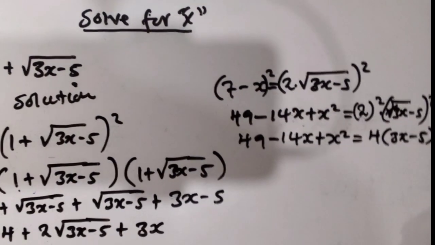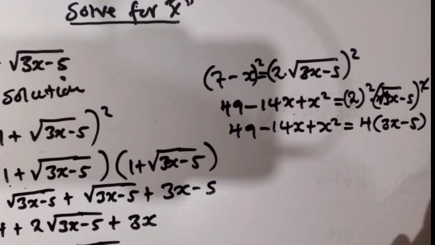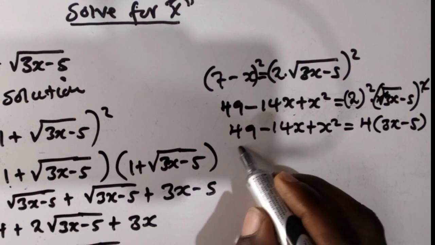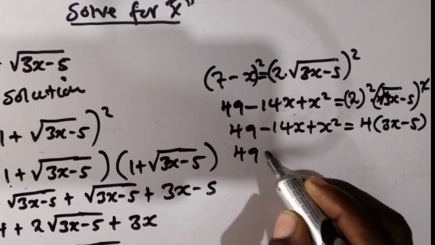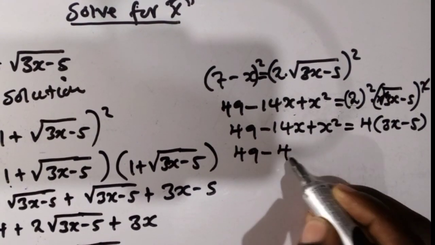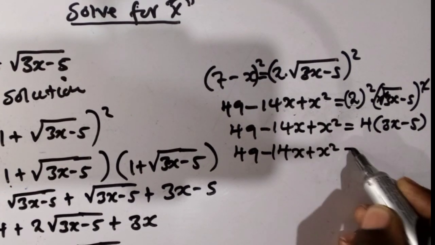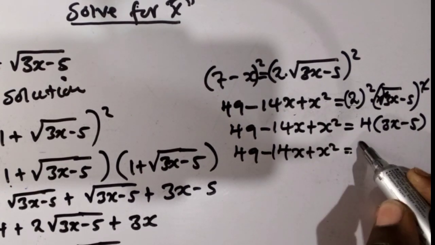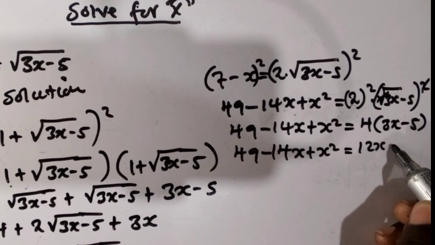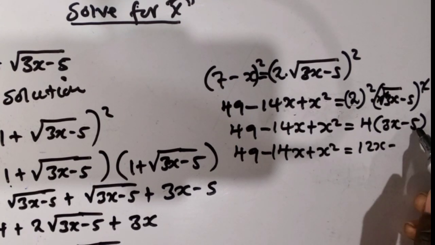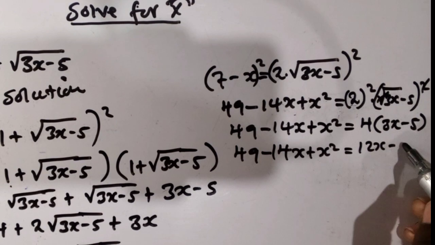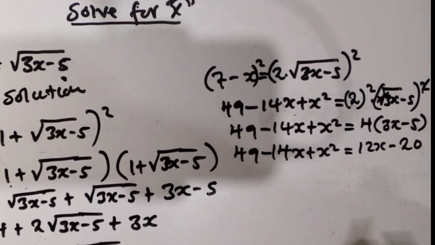Now 49 minus 14x plus x squared equals 4 times 3x, which is 12x, then minus 4 times 5, which is minus 20.